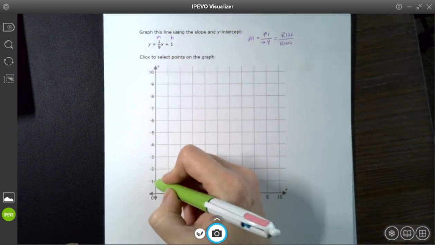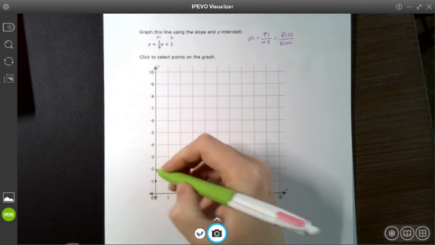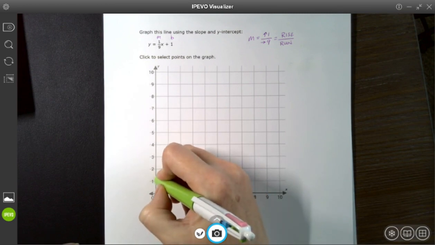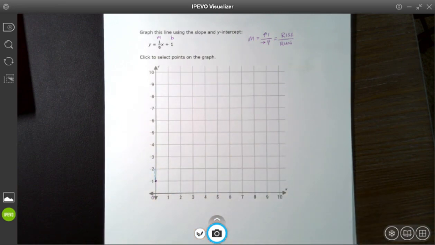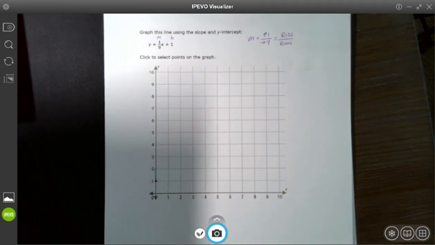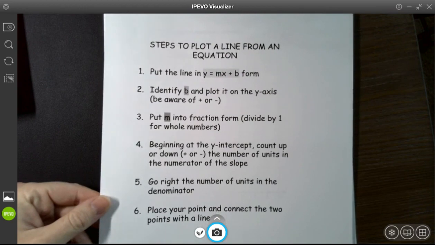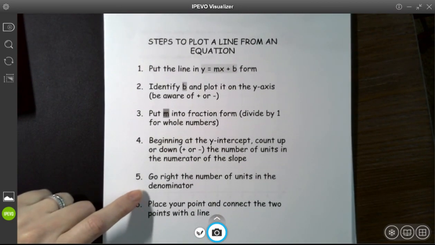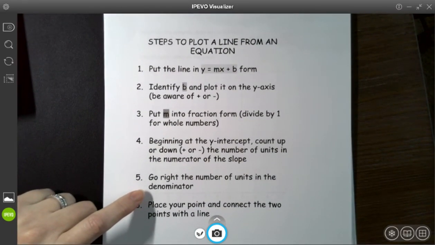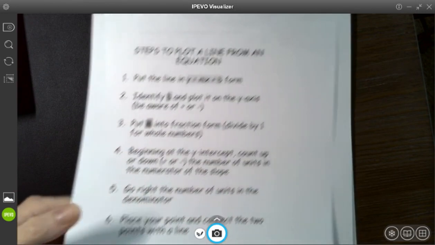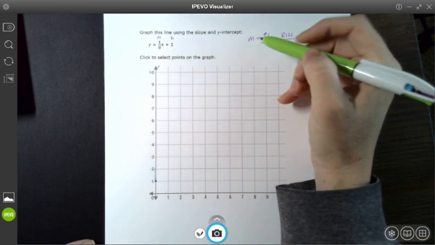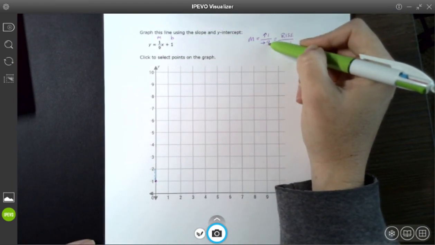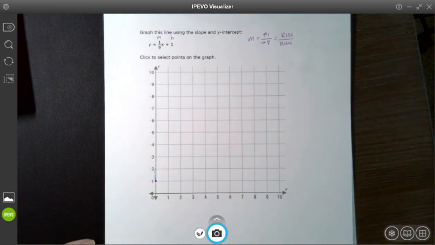I'm going to begin at my y-intercept. Here I go, up 1. All right, and I'm going to next, step 5, go right the number of units in the denominator. Well, my denominator, my bottom number is 9. So I'm going to go to the right 9 steps.